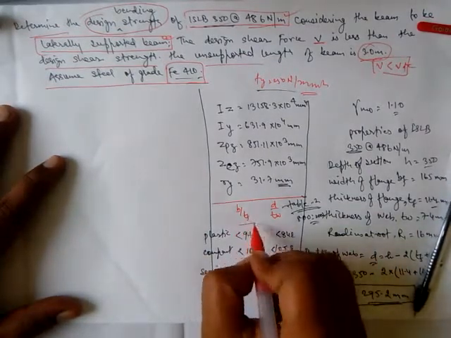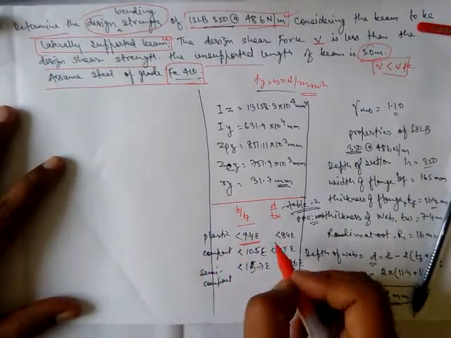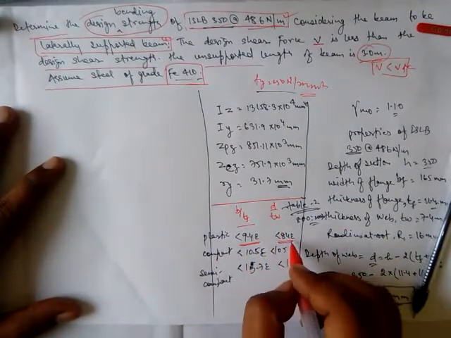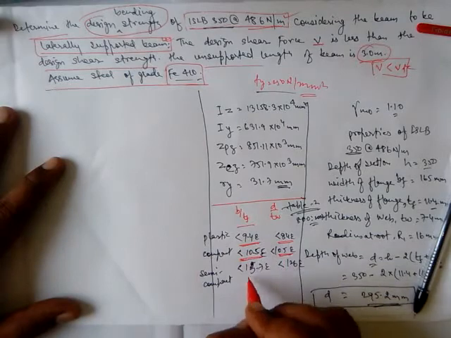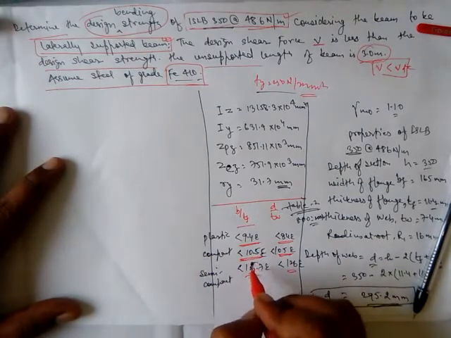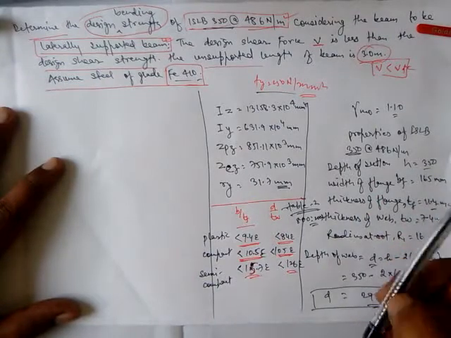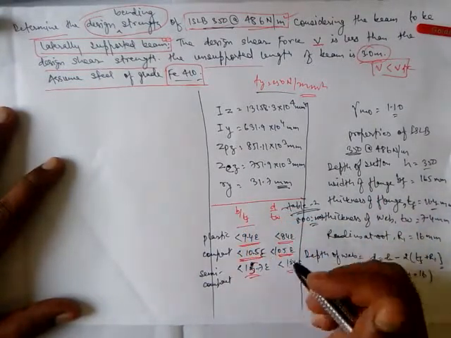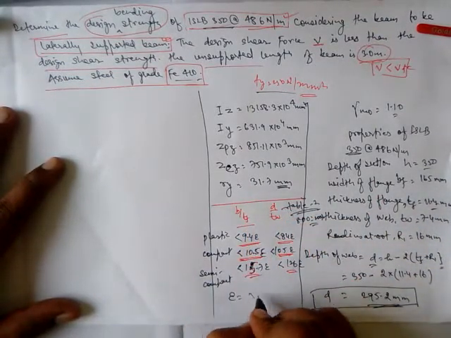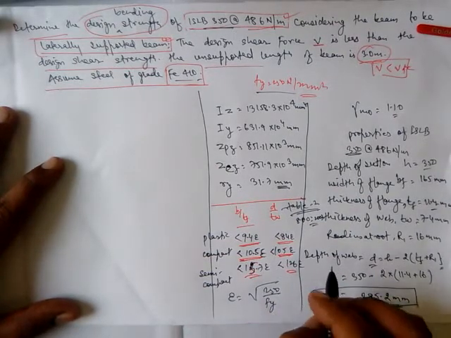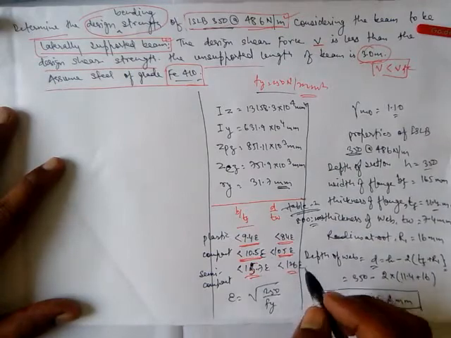So if b by tf ratio is less than 9.4 epsilon and d by tw is less than 84 epsilon, then the section is classified based upon this data. Now epsilon is root of 250 by fy.